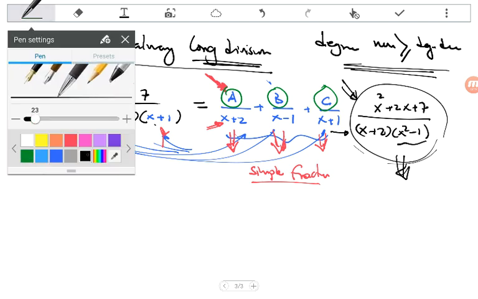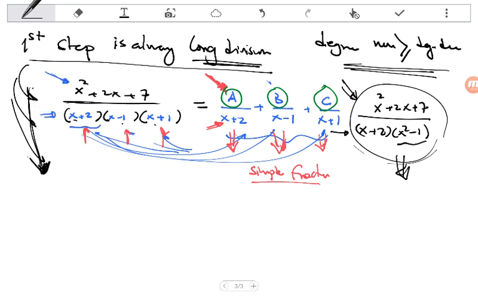We will learn a method called covering, which is easy and fast to find the value of the constants. But first we will learn the logic which it is based on.